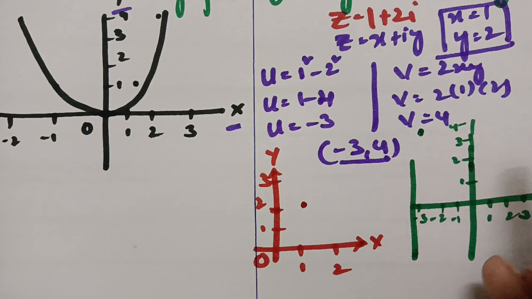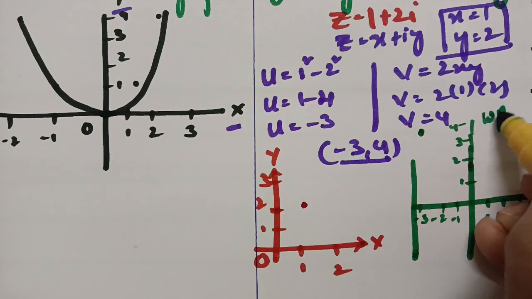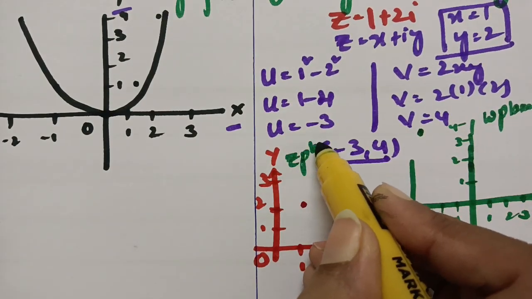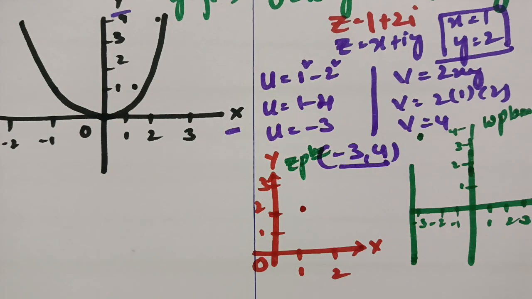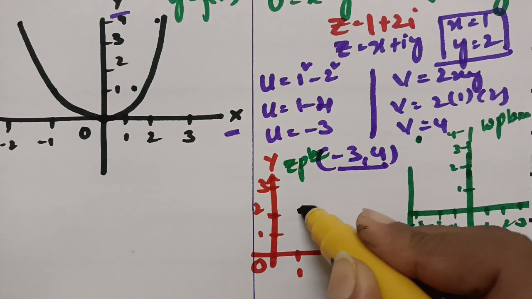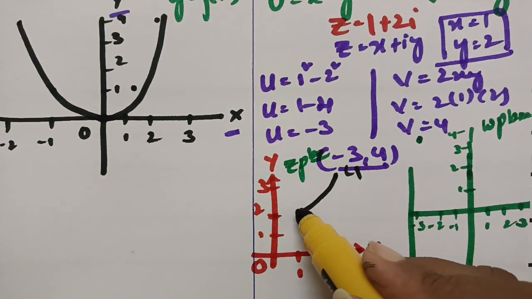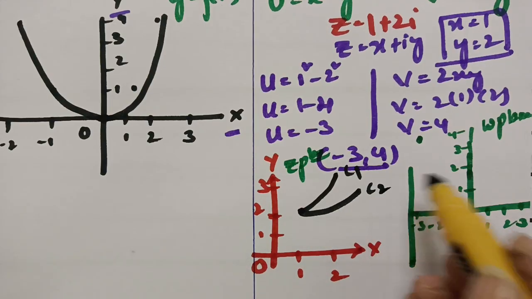So if you observe, this is W plane and this is Z plane. If you take a few set of points, the curve C1 will be like this, and if you take another set of points, the curve will be like this, C2. Clear?